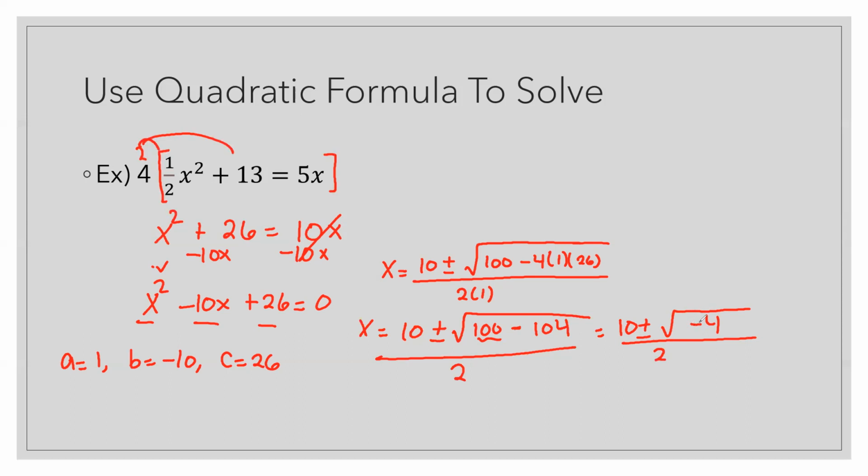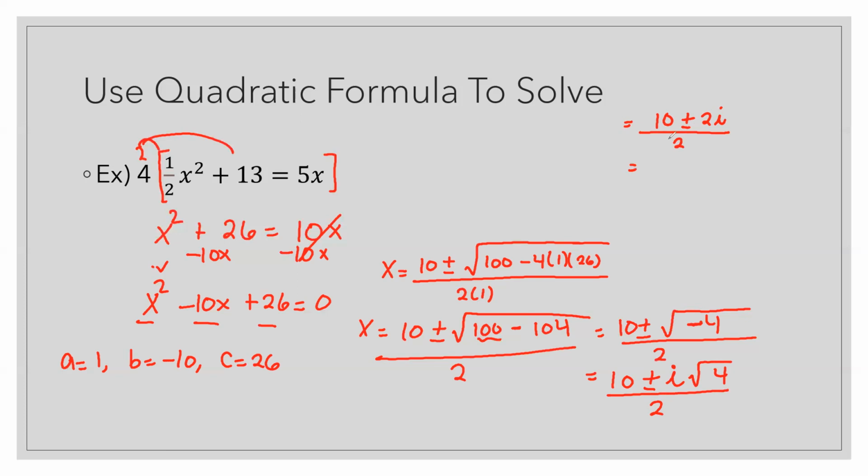So what you're going to do is take that negative and it becomes an i. So it's 10 plus or minus i, and then the square root of 4, all over 2. This simplifies as 10 plus or minus the square root of 4, which is 2, and then don't forget you have that i, all over 2.